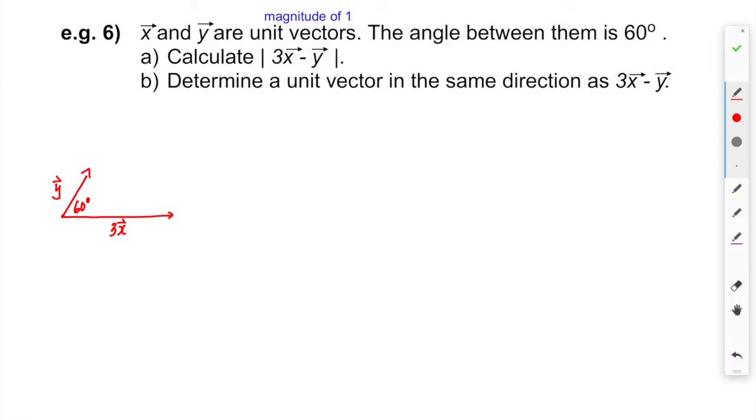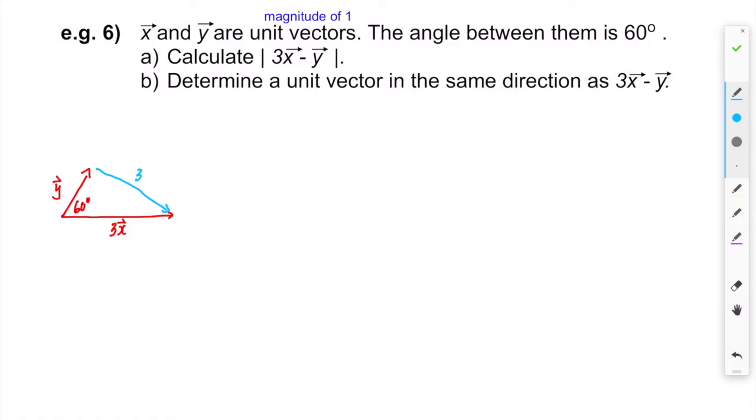I want the resultant of 3x minus y. So y is going up to the right, negative y goes down to the left. Another way to do a vector subtraction is to think about a tail-to-tail configuration, because then I do 3x minus y and then I just close off my triangle like that.